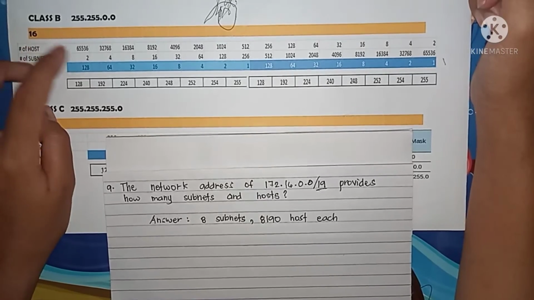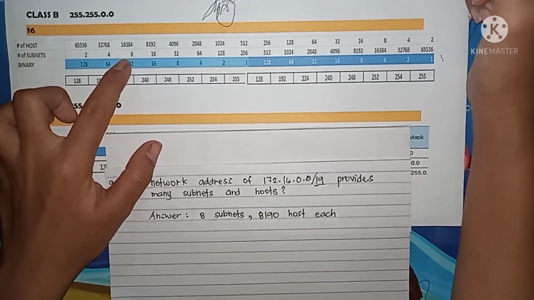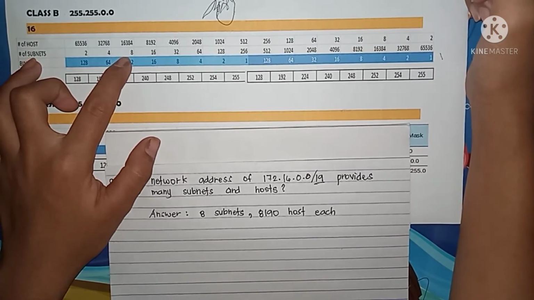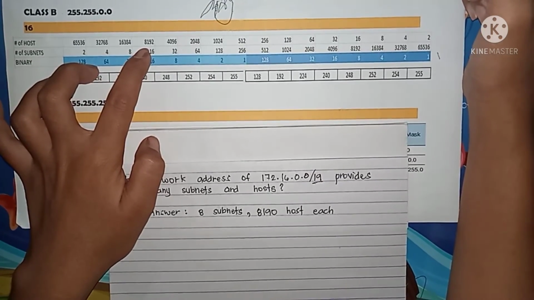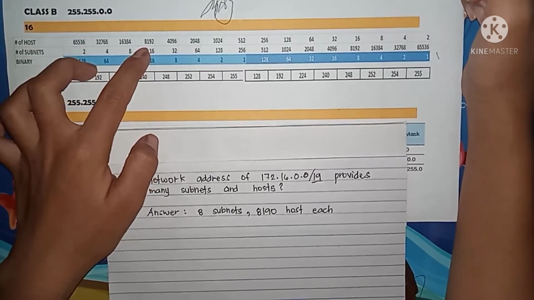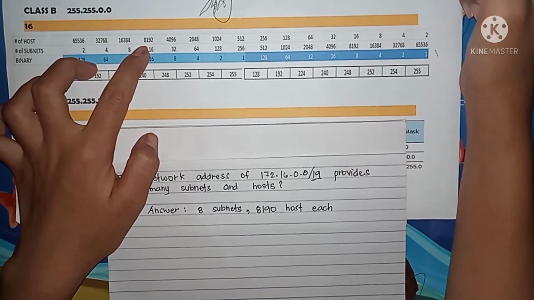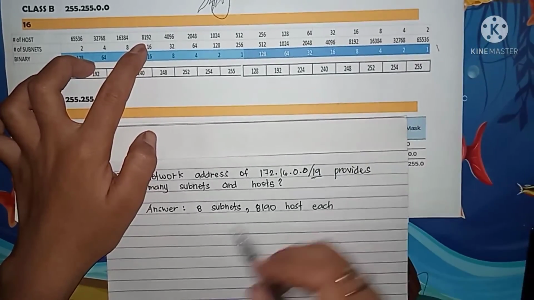Start from 16, 17, 18, 19. So as you can see, our number of subnets is 8 and our number of hosts is 8,192, and then this will be subtracted by 2 for the network address and the broadcast address. So that's why we came up with this answer.